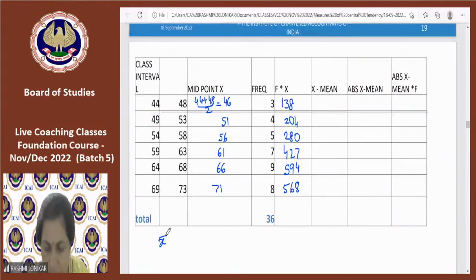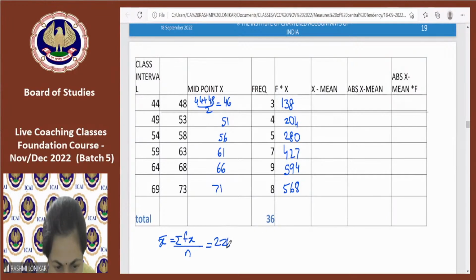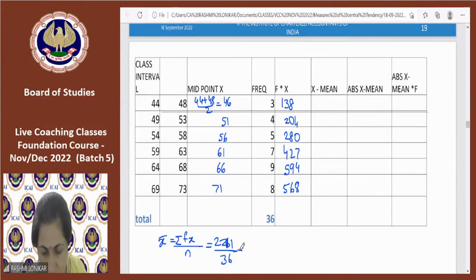So how much is this? 138 plus 204 plus 280, 427, 594 plus 568. 2211. Okay, x bar will be equal to summation fi xi upon n, which is equal to 2211 upon 36, 61.4.